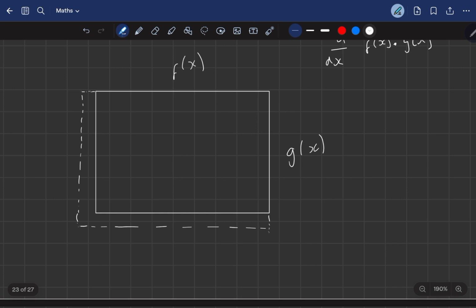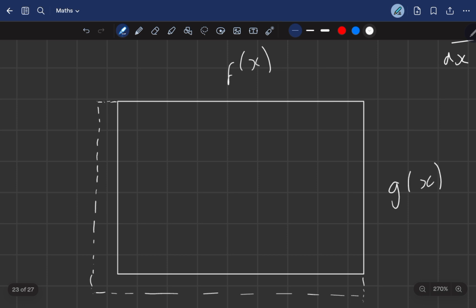Now we want to calculate the changed area, the difference in the output of the function for a very small difference in the input. So what is the change in the area? Let's first see something. We can actually work out what this length right here is equal to, the slight nudge. The slight nudge is the change in length of f of x for a slight nudge in x.